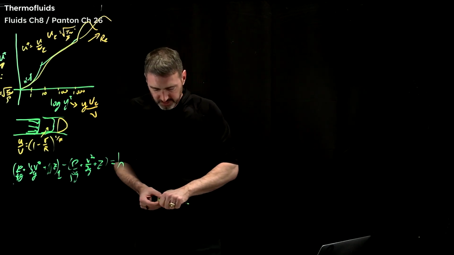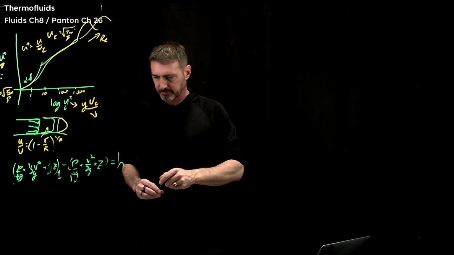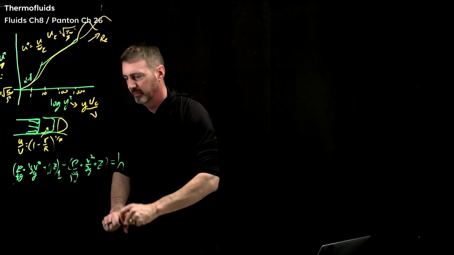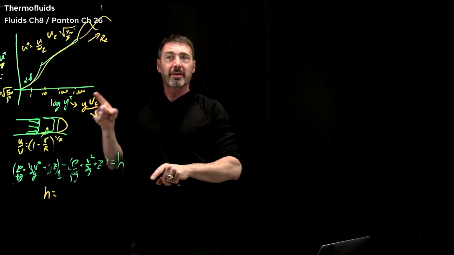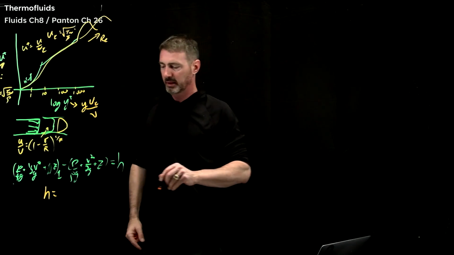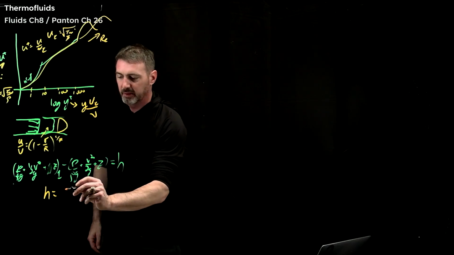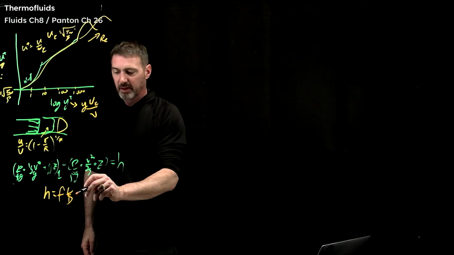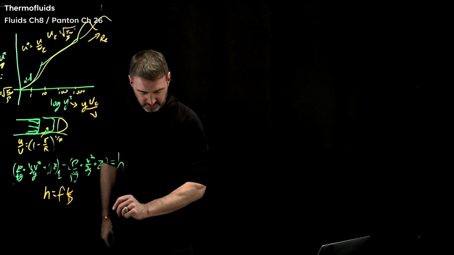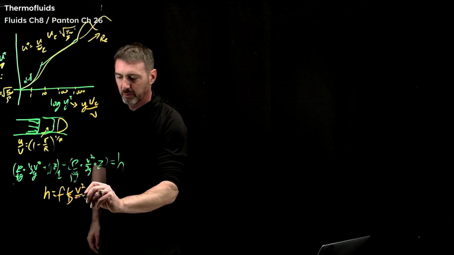Okay. And this head loss H, the difference between state 1 and state 2, you can think of as upstream of the pipe and downstream of the pipe. This head loss is normally modeled as a friction coefficient times the length of the pipe divided by the diameter, times v squared over 2g.